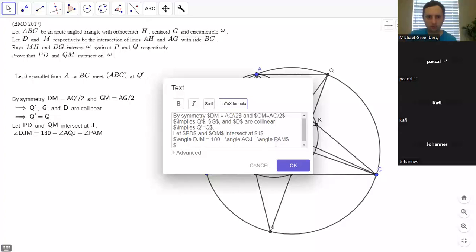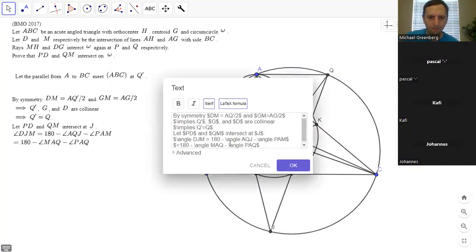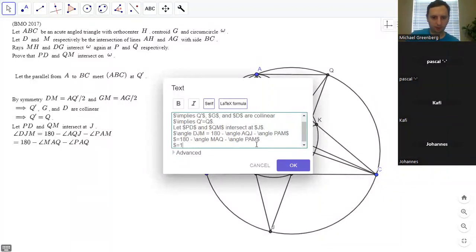So this would equal 180 minus angle MAQ minus angle PAM. Wait, is that right? No, PAM. Which is 180 minus angle PAQ. And that implies J lies on ABC, and that means that PD and QM intersect on the circle.